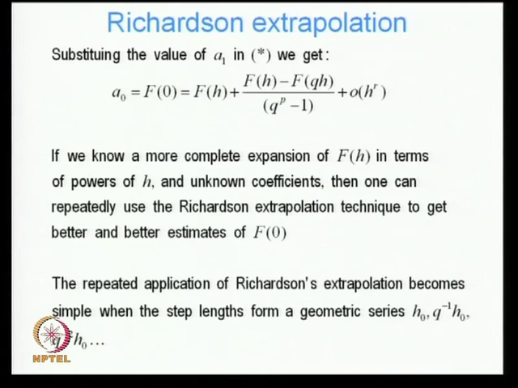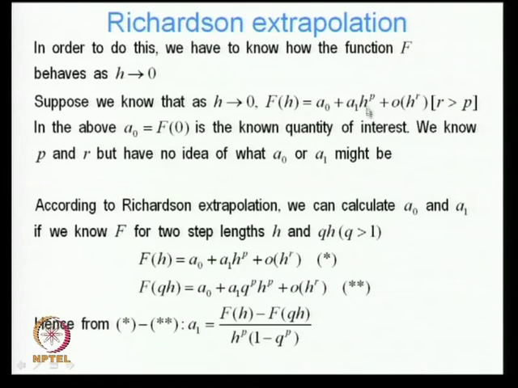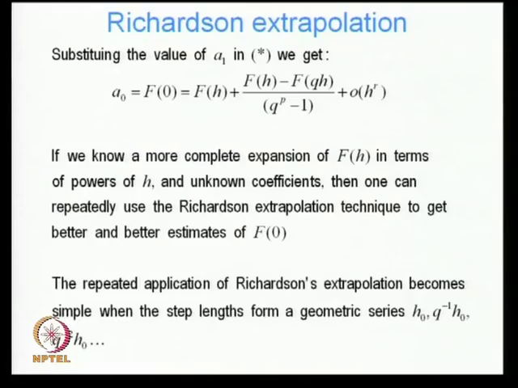Here we know only up to the first term in the series, how f behaves near the 0 step size. But if I know more terms in that series, then I can do this repeatedly. Let us see how we can do that.